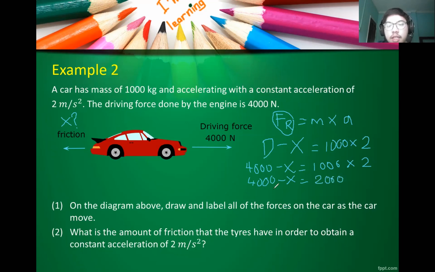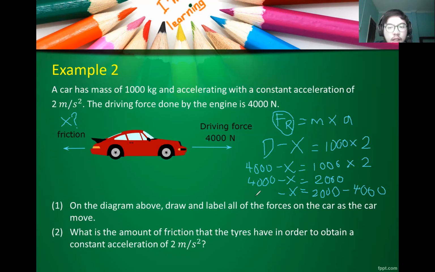And then we can move the numbers around, so we can move the 4000 to the right side, and we will get 2000 minus 4000. Okay, so we are moving 4000 to the right. Now the top 4000 becomes minus 4000.